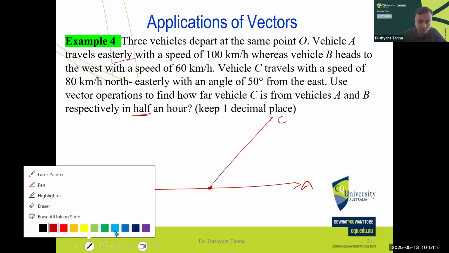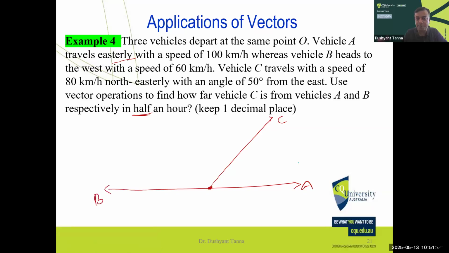Now I should focus on the half an hour part. So let's say this is A in half an hour, right? C is 80, so in half an hour should be 40. This one is 60, so it will be 30. Right, that angle is 50 degrees.